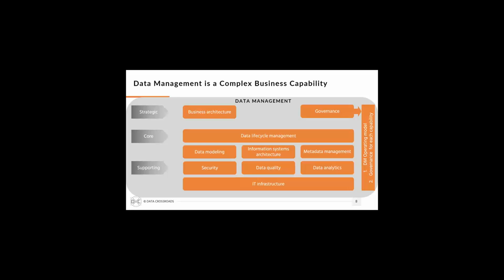Why is it essential to understand the scope and the structure of data management? Because when you choose a data management tool, you must know which type of capabilities you need to implement using these tools.